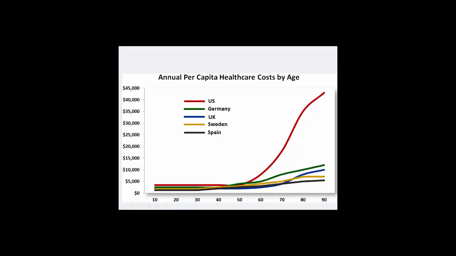And although it's occurring for all nations, meaning that as you age, you are going to need more services, that increase is magnified in the United States and continues to be so straight up until you reach very, very old age. The reason is that we spend about two-thirds of all of our healthcare expenditures in the last third of our life.